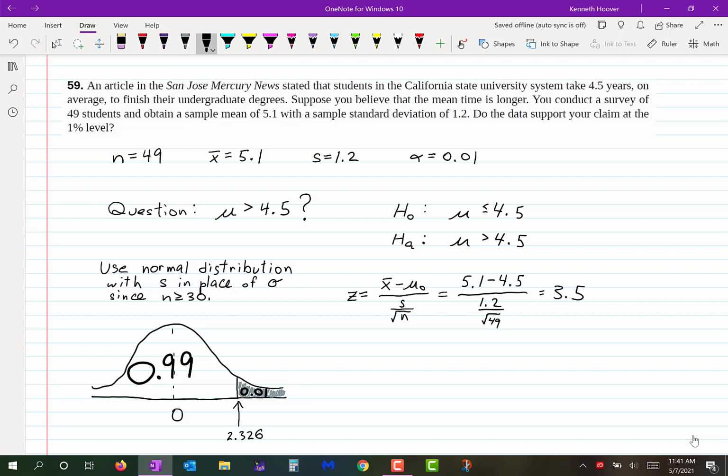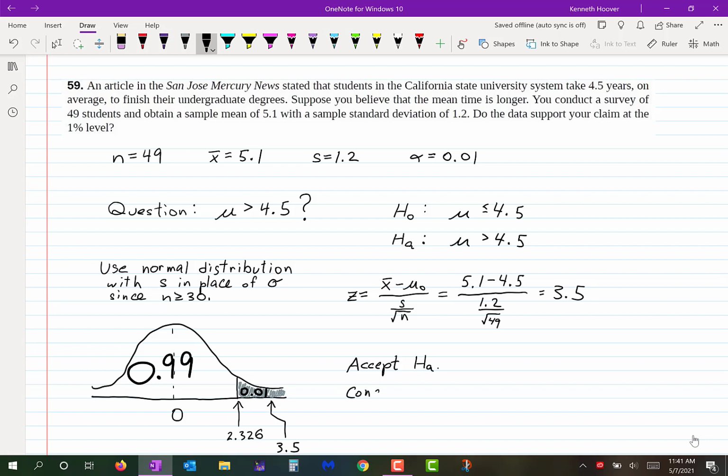Okay, where is that located in our distribution? It's over here in this area, isn't it? It's in the tail. That's what's important. It is in the tail. So we do what conclusion? We accept the alternative hypothesis.